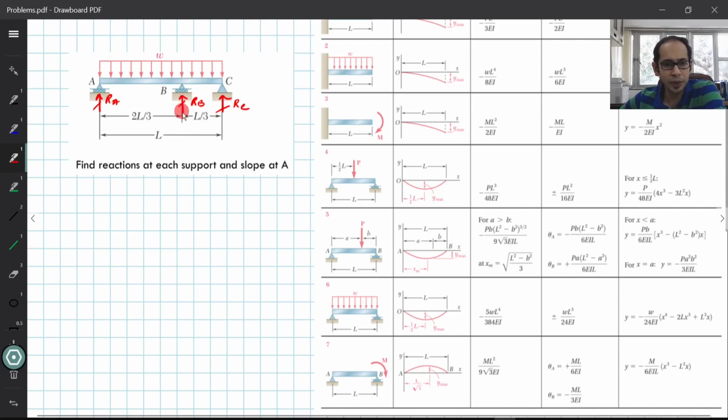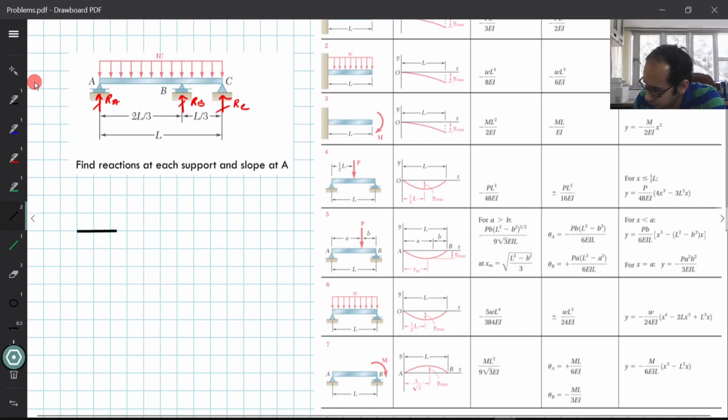If you choose RB as the redundant, then you have one beam AC, which has a uniformly distributed load W, right? And you have another beam AC where you have the pin supports and a vertical reaction RB. So essentially this beam you can write as two separate beams. So let's take a look at that. What can we write it as?